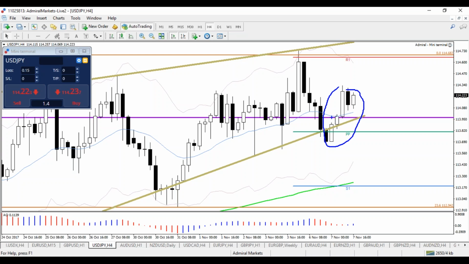So got to be careful with this dollar yen. I am on the sidelines until price either breaks below support, or if today's candle, or any candle this week on the daily chart, is able to really clearly break through this resistance, then I would consider the upside.